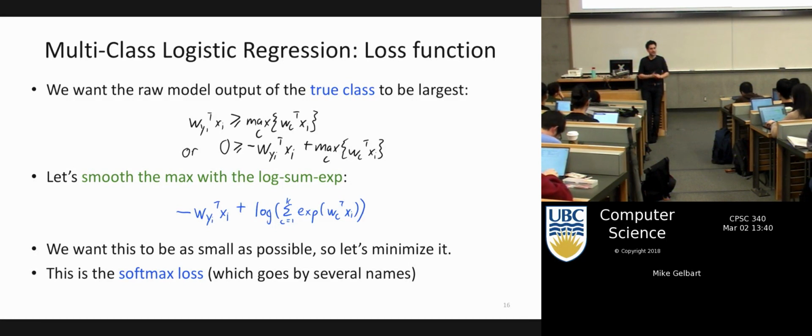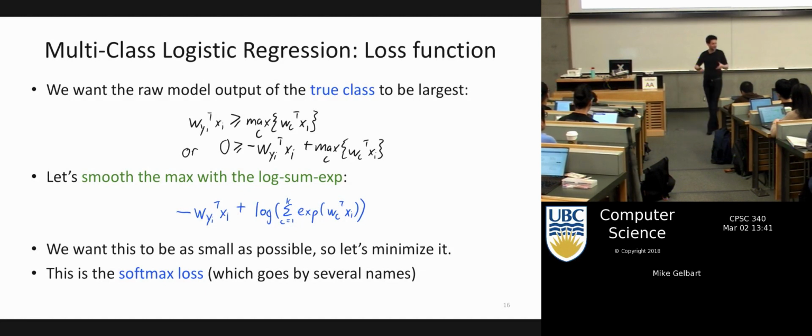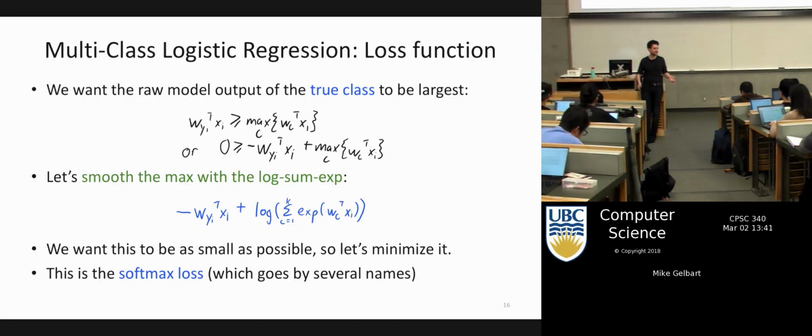But there's nothing in there saying if it's not a dog, then you should be careful to have your score smaller than the score for the true class. Because at the end of the day, what you're going to pick is the biggest score across all the classes. So it kind of does the right thing. It pushes things in the right direction. But it's not directly minimizing what you care about.